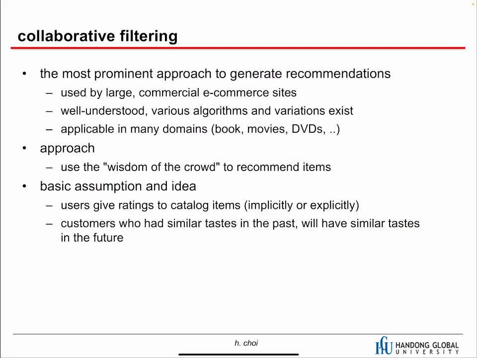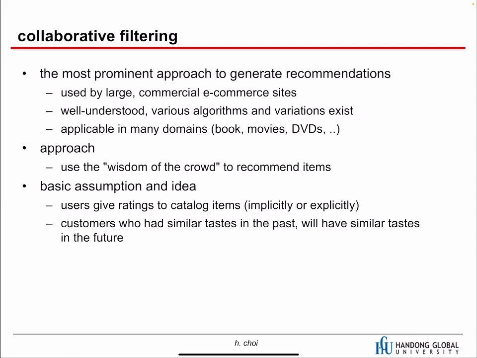Once you develop one collaborative filtering system in one specific domain, then we can apply that filtering to other domains so easily, because it is not based on the content. As long as we have users and items, a user-item matrix, we can apply this method to any kind of domain.